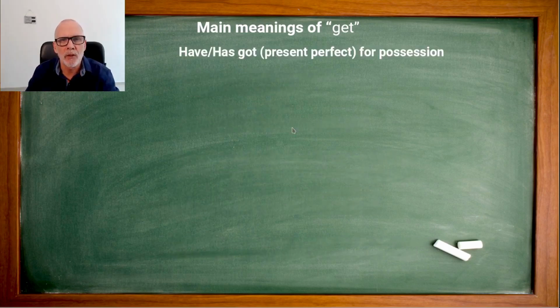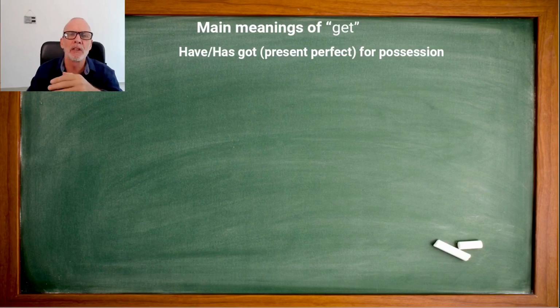Okay, let's carry on then with the final use, or the final main meaning of get. And this is a subject that you should have learned really in level A2 or lower intermediate, but because I wanted this video to cover all the main meanings of get, I added this on at the end.